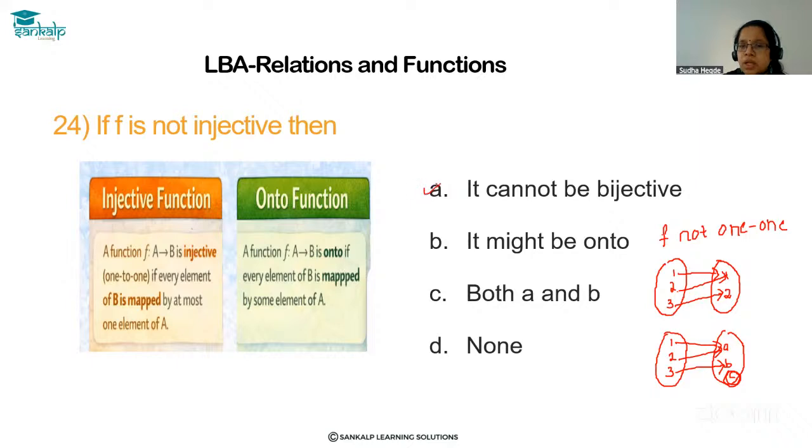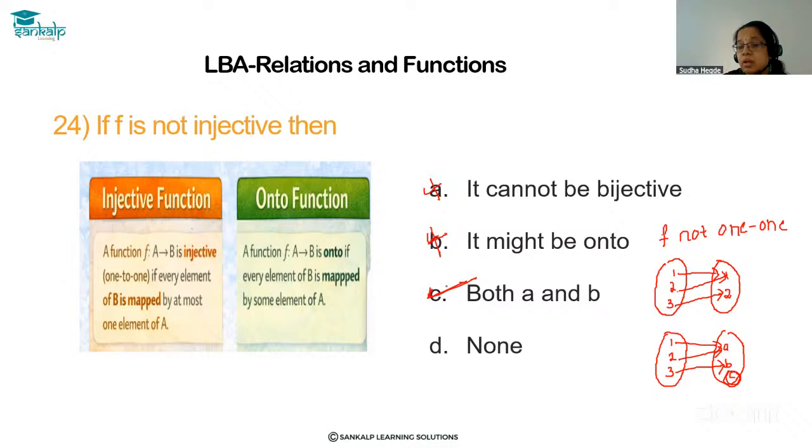So option A and option B both are correct, but in KCET you cannot have more than one answer correct. Check this option C, both A and B. Both A and B are correct. So you mark this option as correct, these two as wrong.